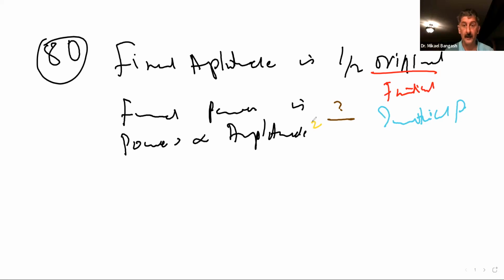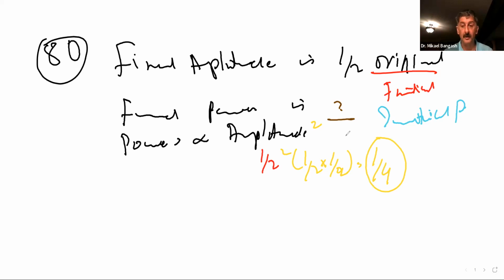That means the amplitude is halved, which needs to be squared. It will mean half multiplied by half, which becomes 1/4.